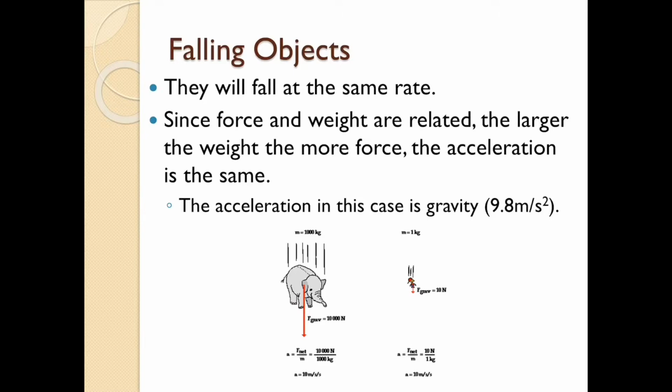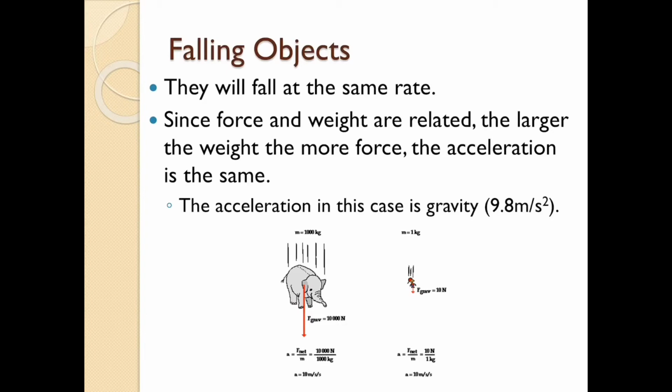It's falling with a force of 10,000 newtons, and it ends up having the acceleration of 10 meters per second squared. And then you've got this tiny little person who weighs 1 kilogram, is falling at 10 newtons, but still has the acceleration of 10 meters per second squared.